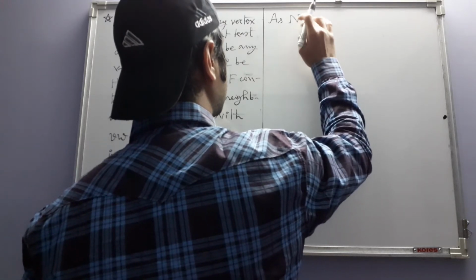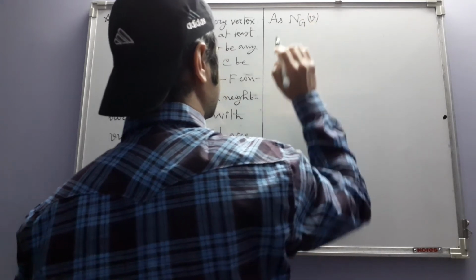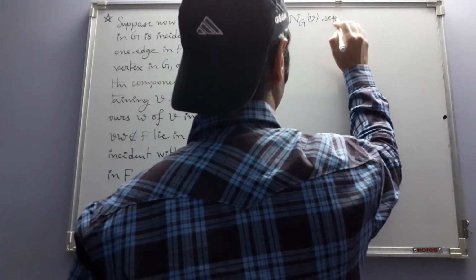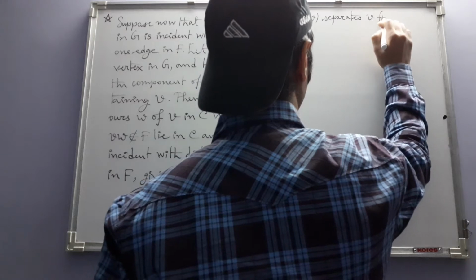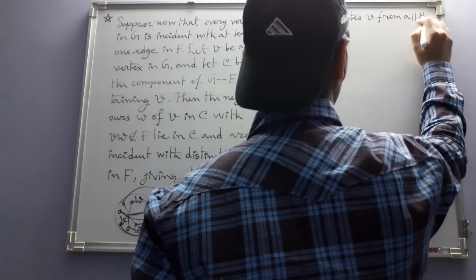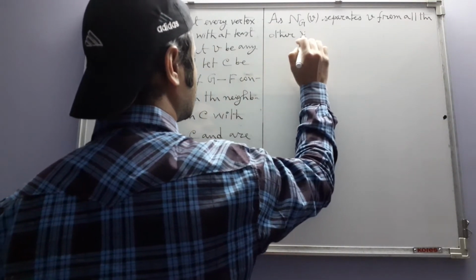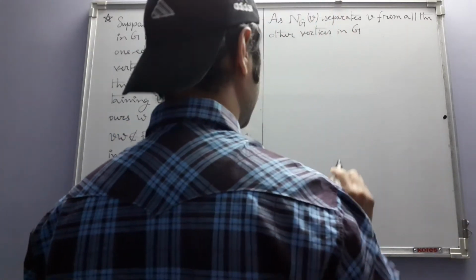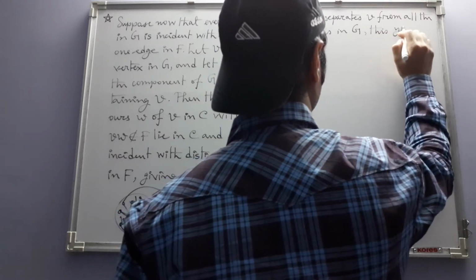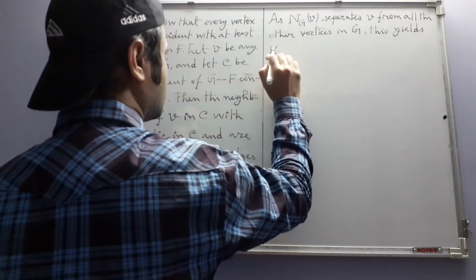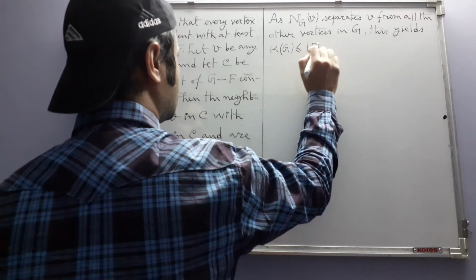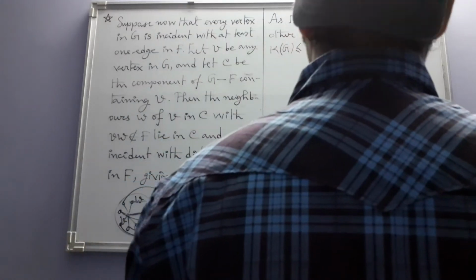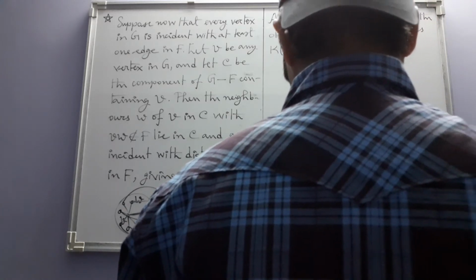As the set of neighbors of the vertex V in G separates V from all the other vertices in G, this yields again our desired inequality, but there is one more thing: unless there is no such other vertex, unless there are no other vertices.